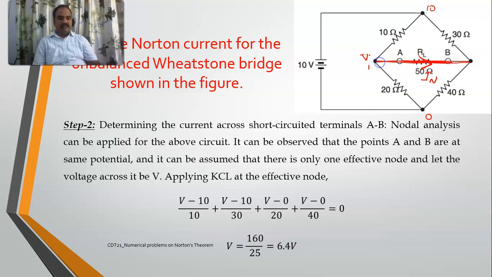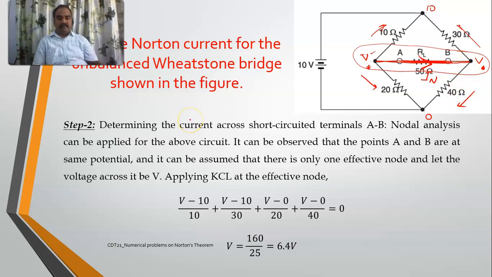So whatever V is here, the same will be present here. So instead of V1, I'll take just V. So there is only one effective node. This completely is one node and it has 4 paths. This is one path, second path, this is third path, and this is fourth path.